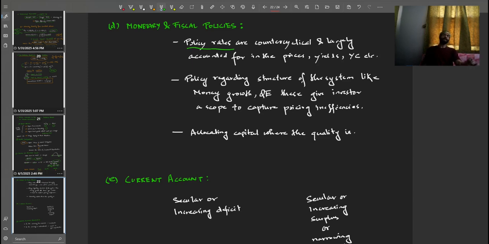So chances are that the more efficient a market is, the better these policies are already priced into the valuation of assets, right? So making gains out of speculation on the policy rates can be less efficient. But what can be more efficient is looking at policies regarding the structures of the financial and monetary systems.